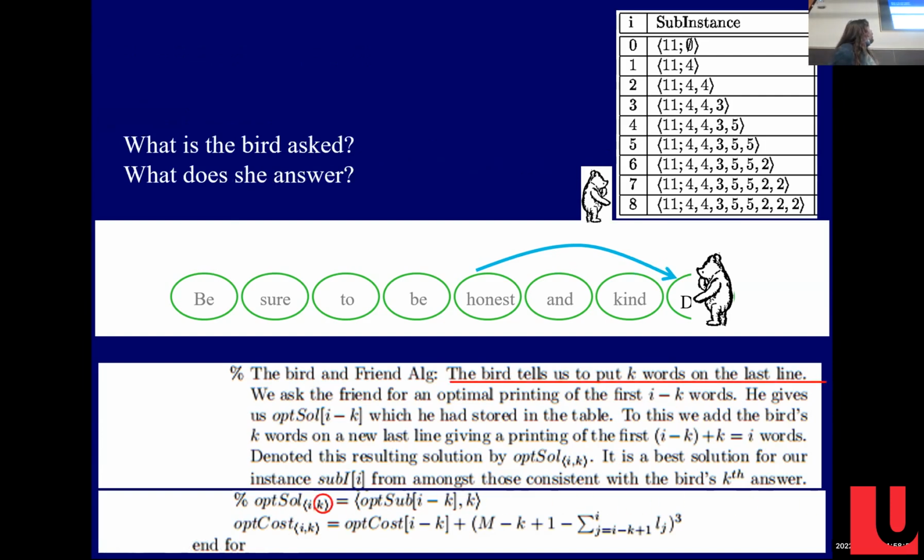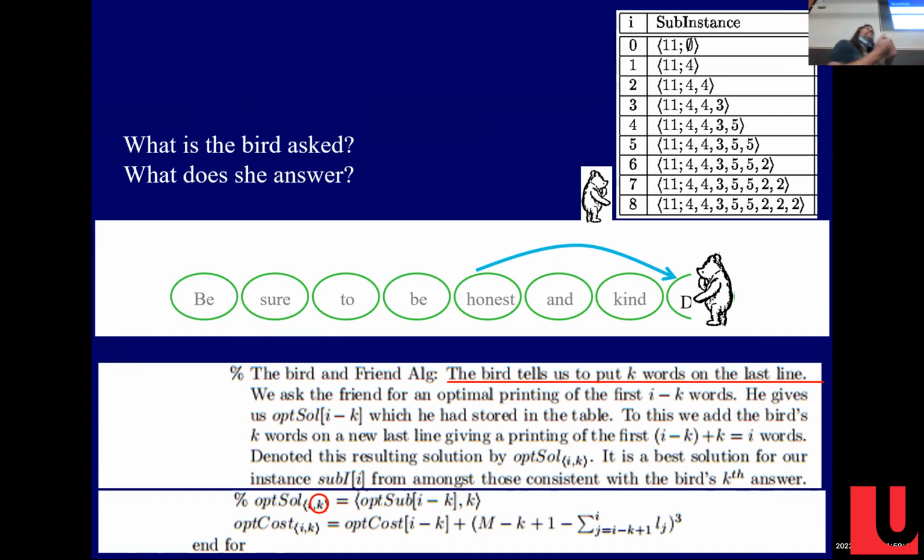But what would it be? What do you ask the bird? You say, hey bird, I have to put I words. How many words do you put on the last line? And why is it the last line and not the first line? Anybody know?